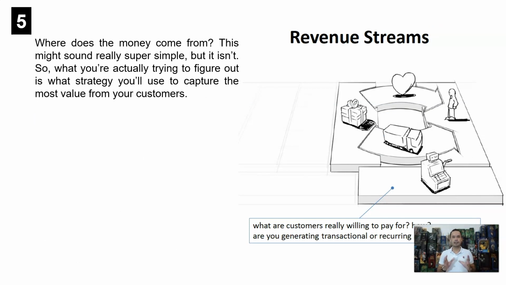Basically, ini adalah perniagaan anda itu, servis anda itu dapat duit dari mana. Dapat duit dari mana maksudnya di sini is how much your customer willing to pay and how your customer is going to pay you. I mean, anda dapat duit dari mana? Okay. Contoh Facebook, Google tadi.